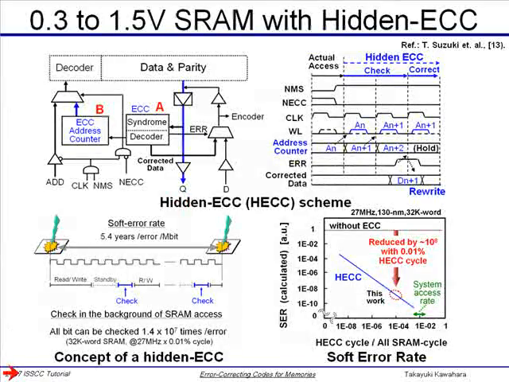Okay, another concern is how to hide ECC suppression. Yes, we understand that ECC is important and needed, but it takes time and takes area overhead. We don't want it. So how do we hide the ECC suppression?